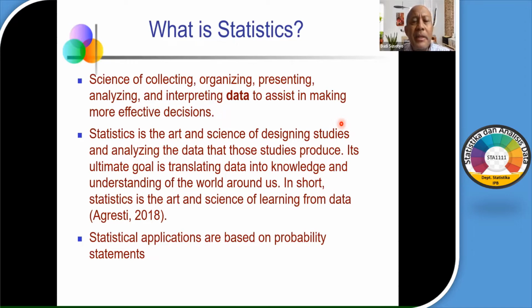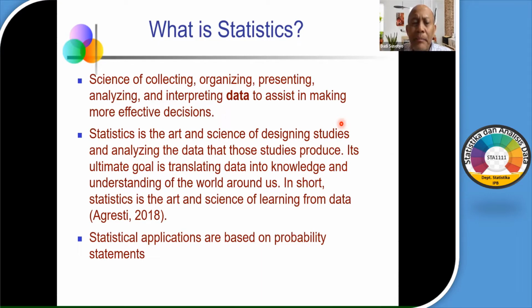Because from the data, you have to think about how I am presenting the data with which graphic, for example. This is the art. If you can make a good presentation with a good graphic and so on, then the audience will understand easier. So this is what is meant by the art. Art and science of learning from data. So that is Agresti defined statistics as the art and science of learning from data.